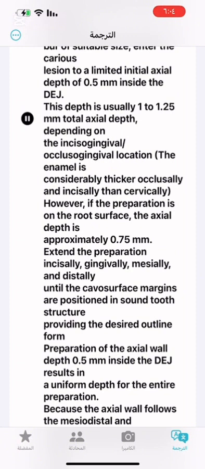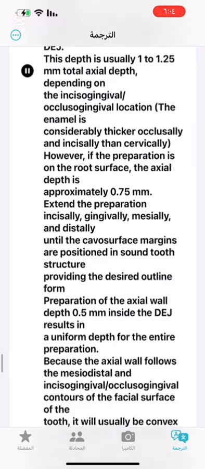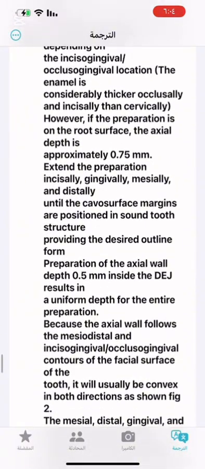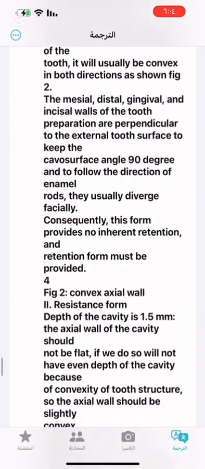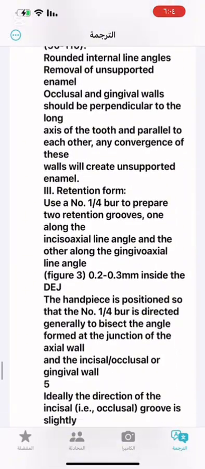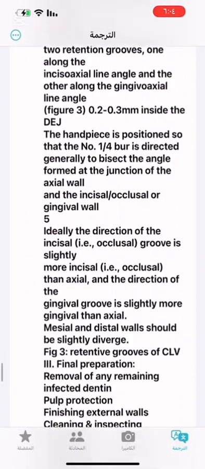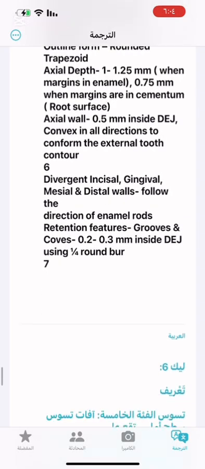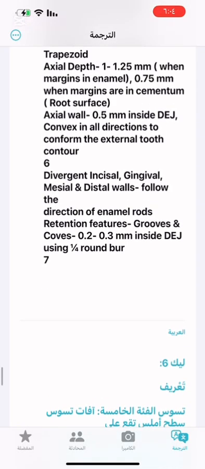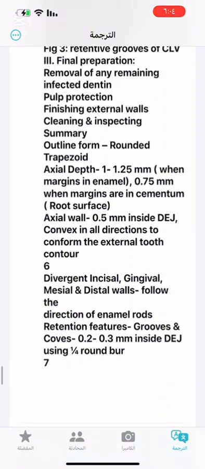Ideally the direction of the incisal, i.e., occlusal, groove is slightly more incisal, i.e., occlusal, than axial, and the direction of the gingival groove is slightly more gingival than axial. Mesial and distal walls should slightly diverge.